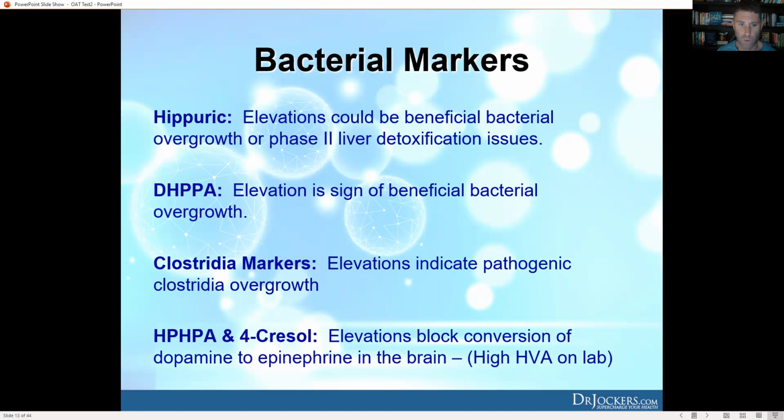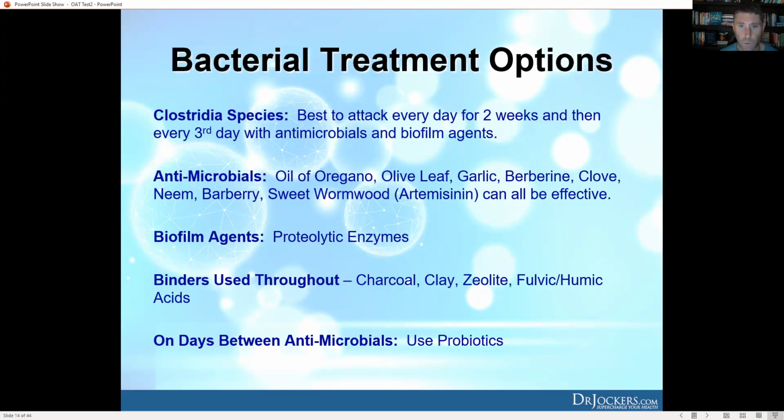Elevations block conversion of dopamine to epinephrine in the brain. You'll see high HVA on the lab, and we'll get to that marker. And the issue there is that's been associated with more neurological inflammation. And so conditions like, for example, autism, ADHD, people are finding some of these markers elevated in certain cases, not always, but in certain cases.